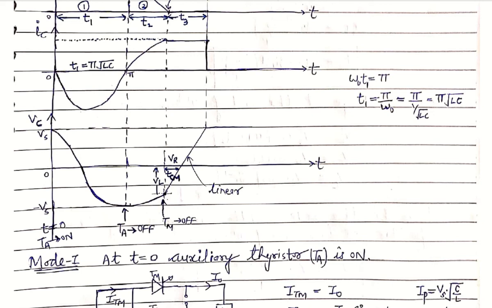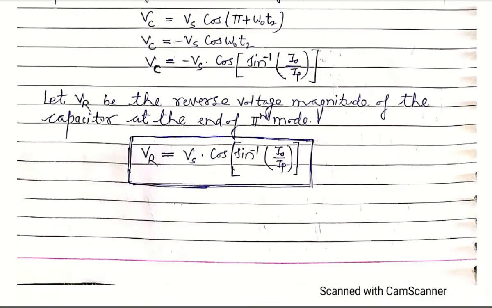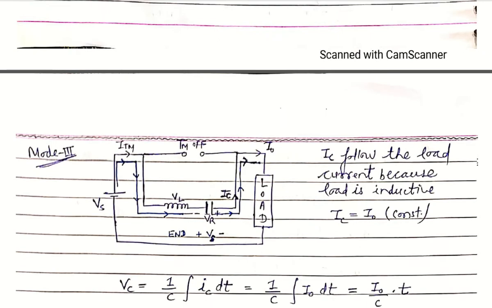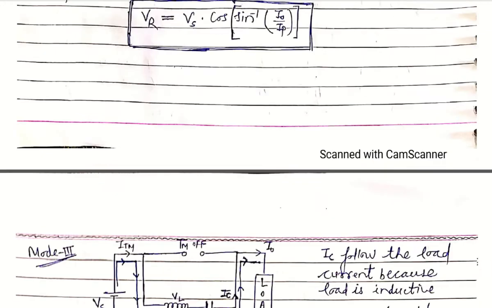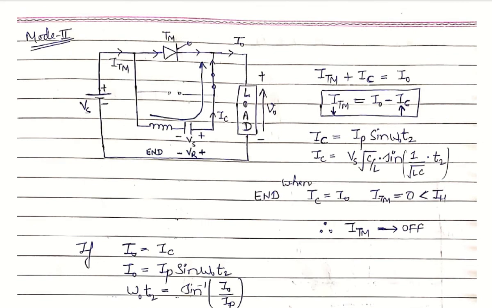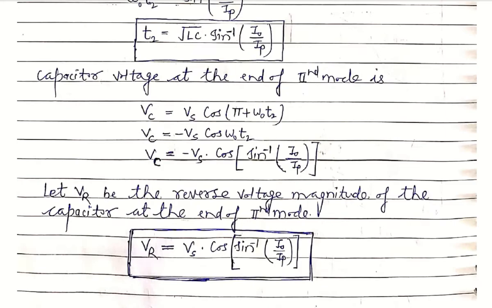Now we will see the third mode of conduction. In the third mode, the main thyristor will be off, and the auxiliary thyristor is already off. So now the capacitor polarity will be minus plus VR, because at the end of the second mode the capacitor polarities are minus plus VR.